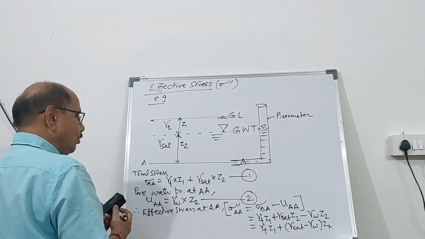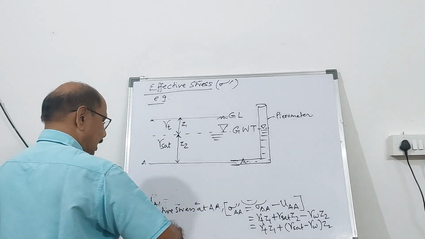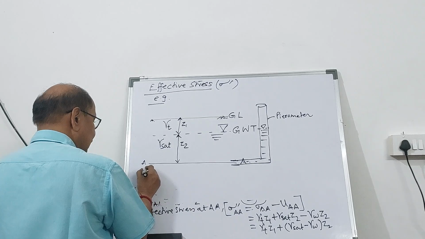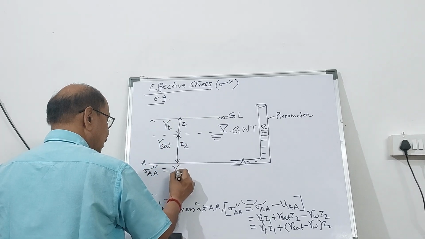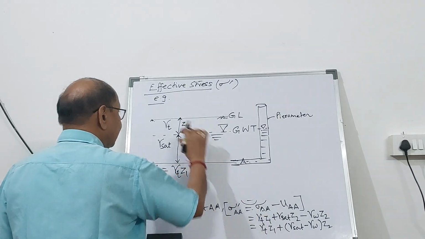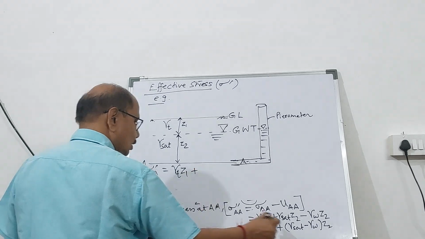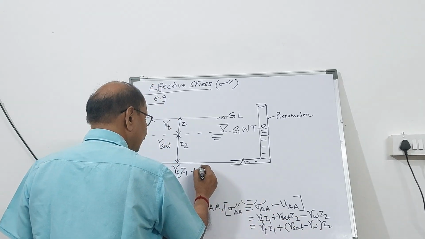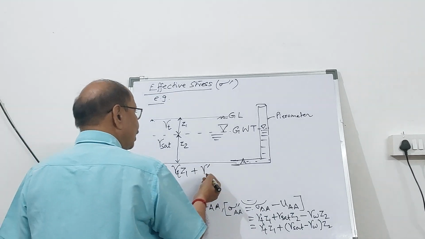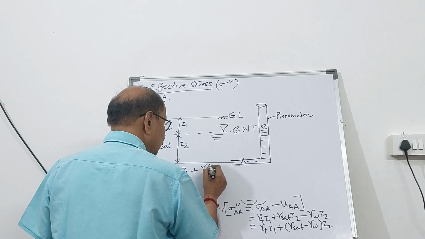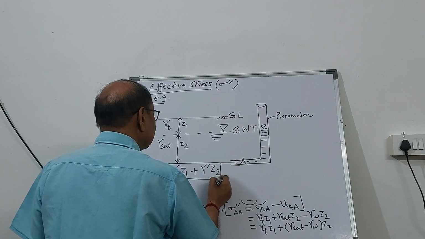Therefore, the value of effective stress at A can be simplified as sigma prime at A equal to gamma T Z1, and this is underwater. So, gamma sat minus gamma W will be gamma submerged, that is submerged unit weight, or gamma prime into Z2. So this is the final.